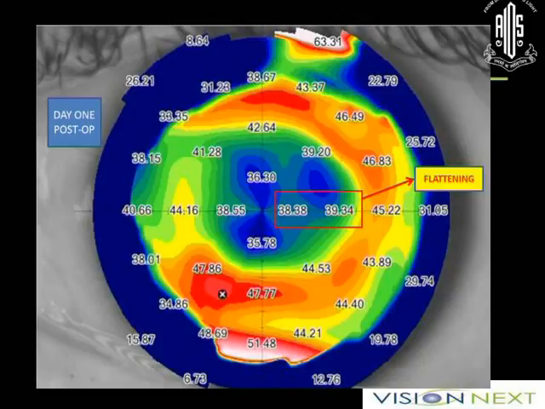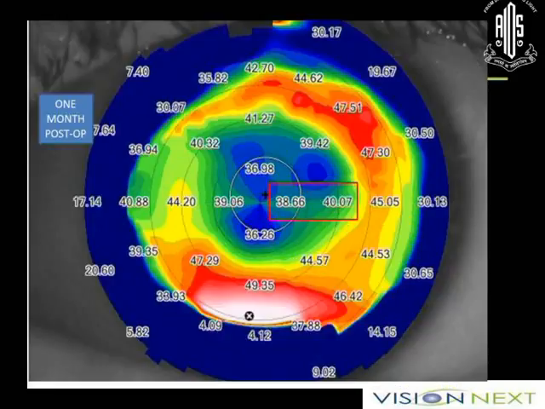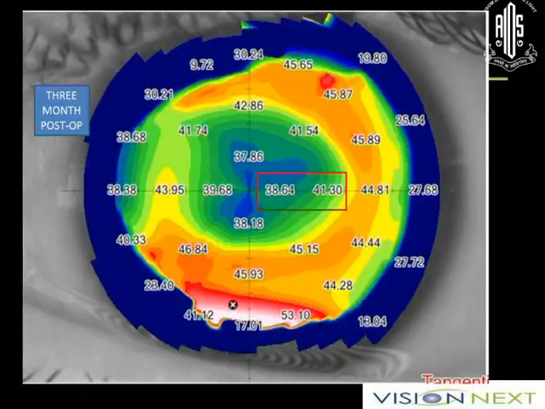So this was day 1, which becomes 39, 40, 41 point something to 38 and 39. I waited for 1 month post-operative, it bounced back a little bit, 38 and 40. I waited for 3 more months, it comes down to 38 and 41.3, very close to what it was pre-operatively. This explains to me that it is actually very transient and takes around 3 months.